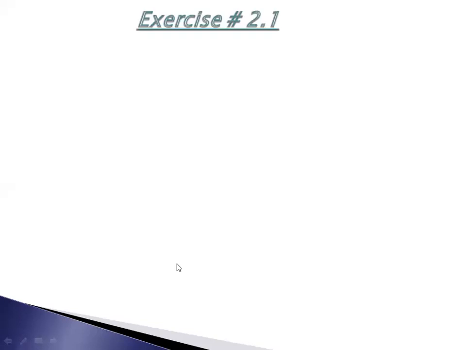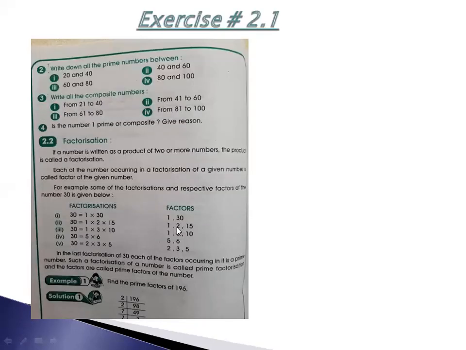Okay. Now, exercise number 2.1, question number 2. We are continuing our exercise 2.1. In question number 2, what you have to do is write down all the prime numbers between 20 and 40, 40 and 60, 60 and 80, 80 and 100. We will take part 2, 40 and 60.